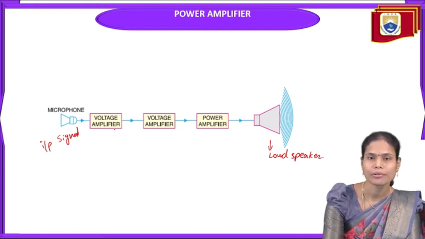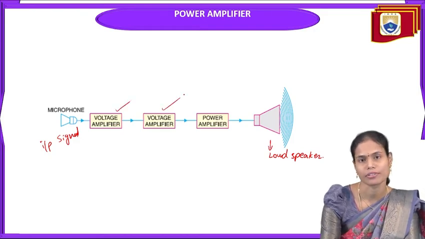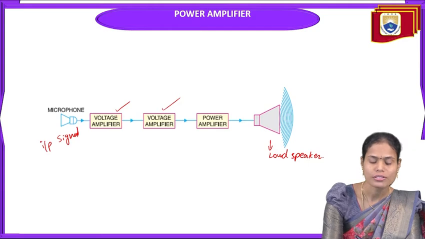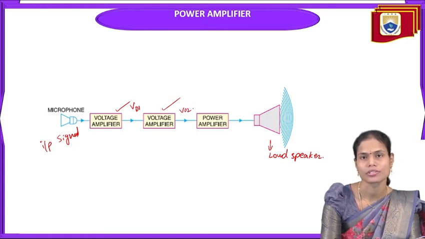So in order to amplify that signal, I'm using two stages of voltage amplifier here. The first stage of voltage amplifier will amplify this signal and give the output as V01. That same output of the first voltage amplifier is given to the input of the next voltage amplifier. The output of this voltage amplifier, again we are taking here as V0.